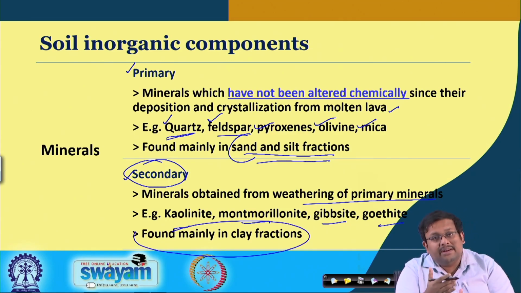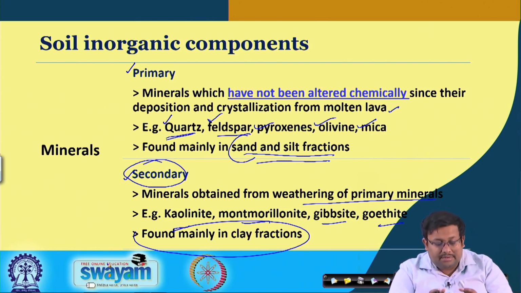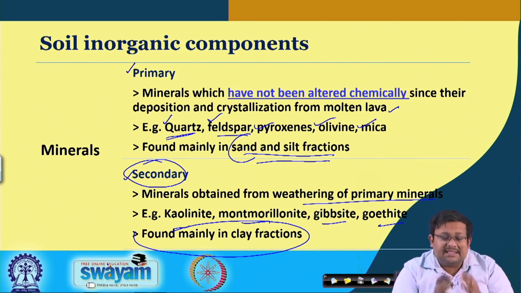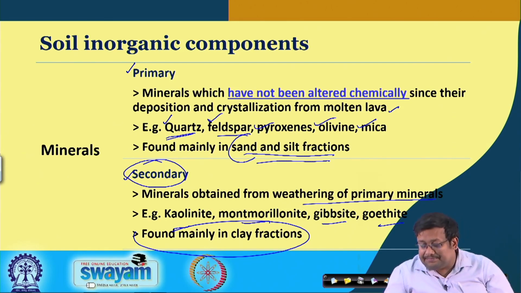So, again, primary minerals are concentrated in the sand and silt fraction, which basically produces the skeleton of the soil, whereas secondary minerals, also known as clay minerals because they compose the clay, form from the weathering of the primary minerals, and their chemical structure has been changed, and these clay minerals basically compose the flesh of the soil. So, this is the difference.